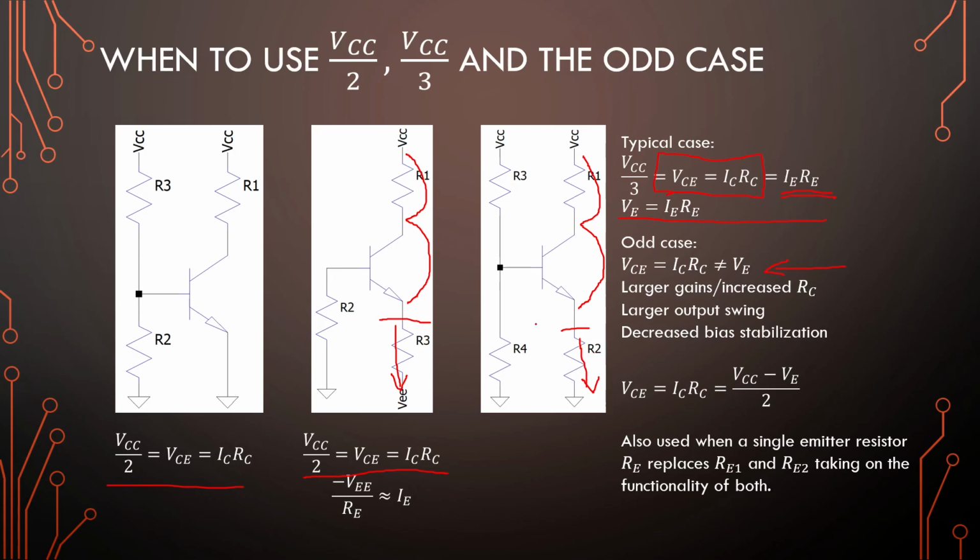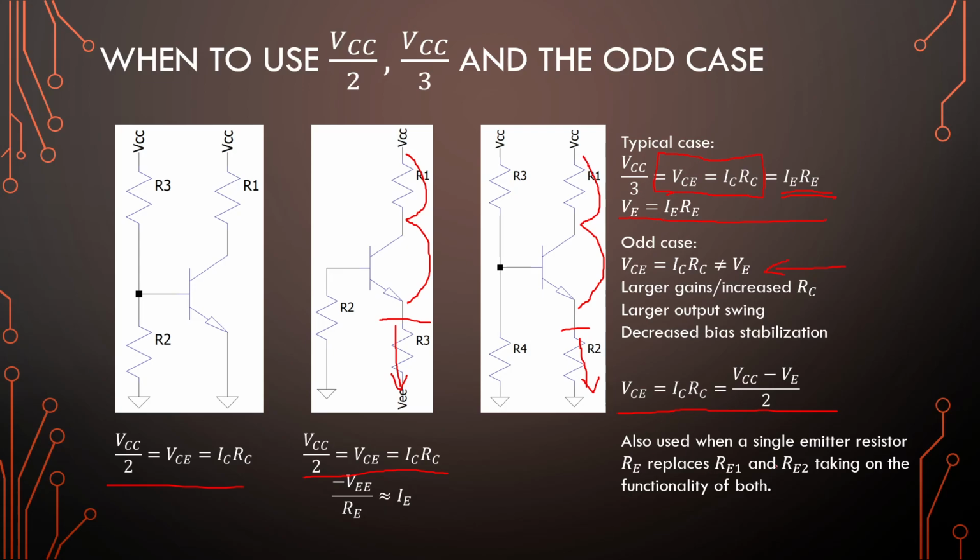So in one of our problems, we will actually implement it with a different VE, so you can see how the design differs. In that case, your VCE is still equal to your ICRC, but the only thing you need to do is subtract the emitter voltage from VCC before dividing it by 2.